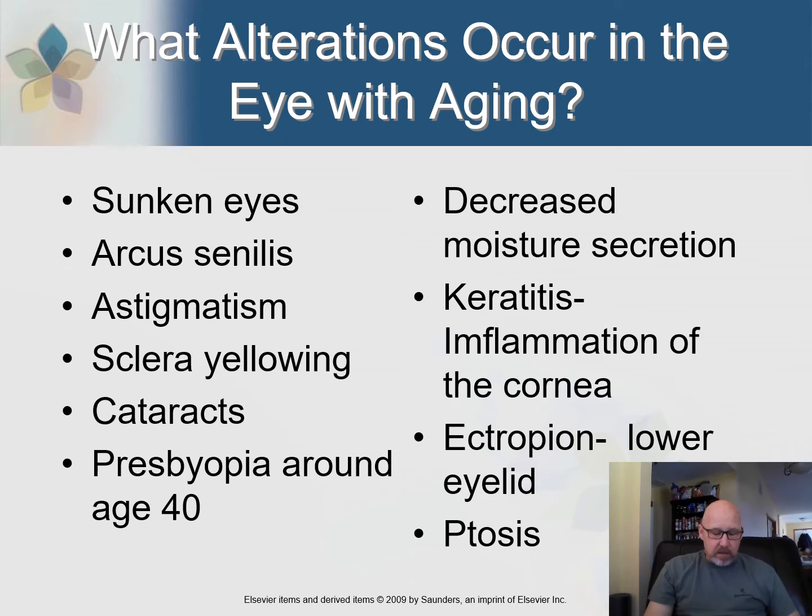You do need to know, because that way when you're moving the eyes through their motion, you know which cranial nerve. Typically it's going to be cranial nerve 3, oculomotor. But the lateral rectus, which moves the eye laterally away from the midline, is the abducens.